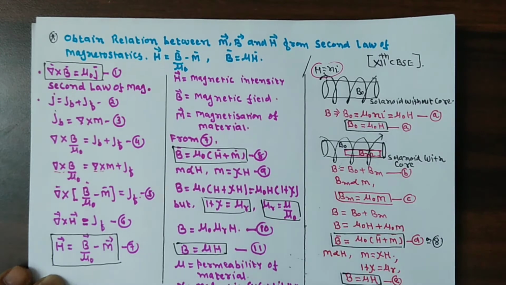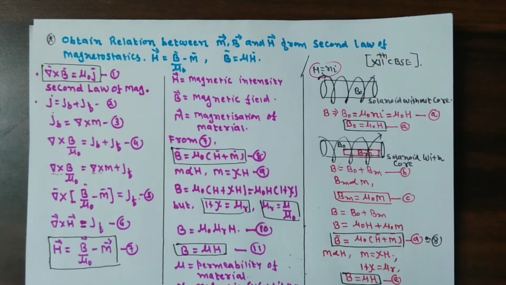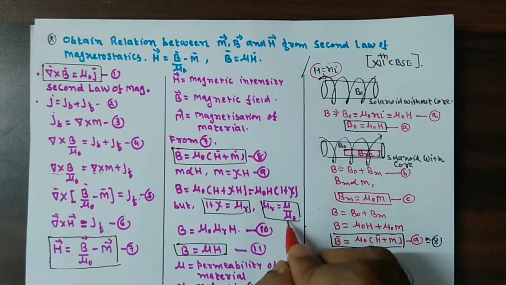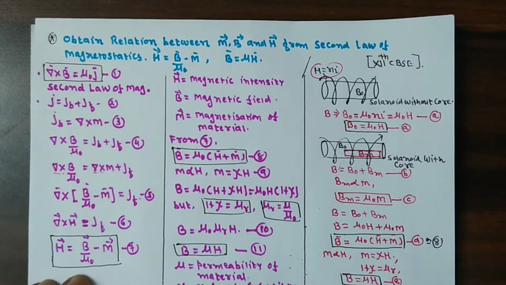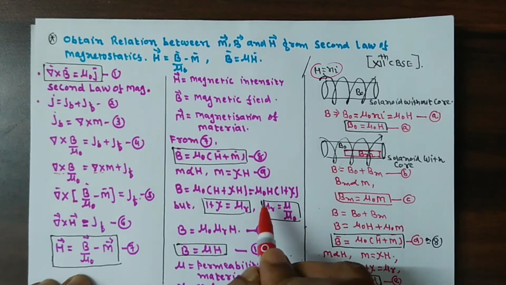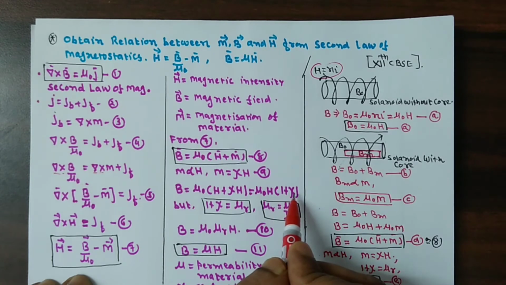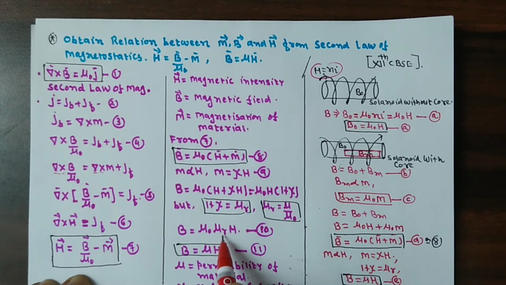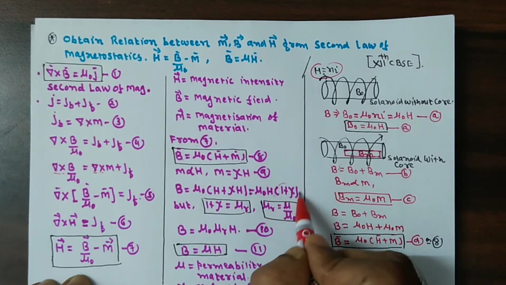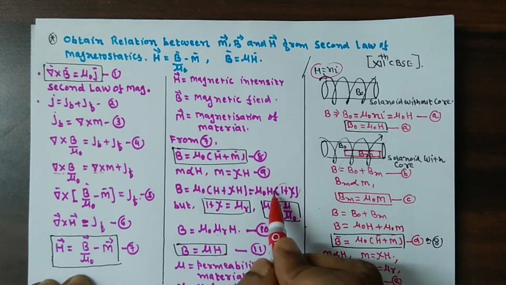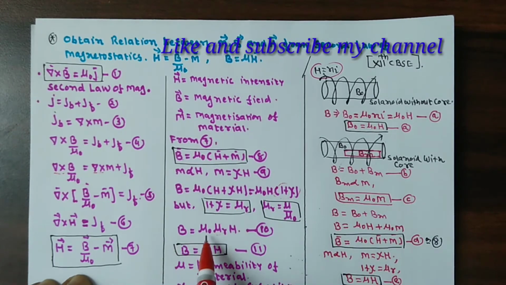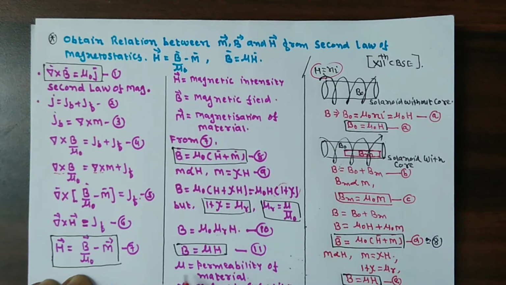Okay, you can write here relative permeability mu R equal to mu divided by mu 0. Again let me write the value. Okay, B equal to mu 0 (1 plus xi) equal to mu 0 mu R, 1 plus xi equal to mu R, and H is here. So B equal to mu 0 mu R H. So B equal to mu into H, where mu equal to permeability of a material.